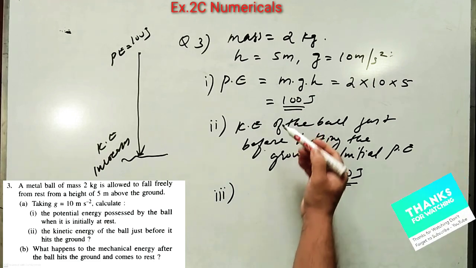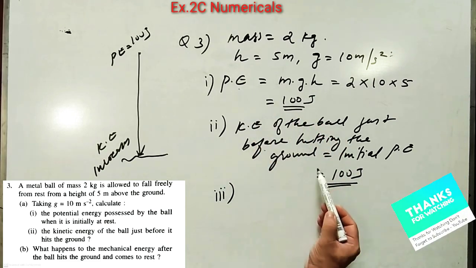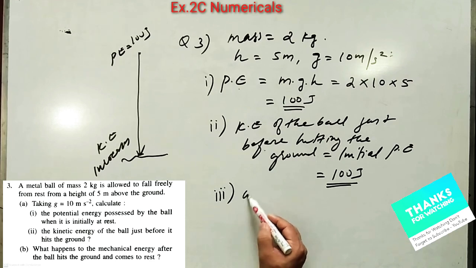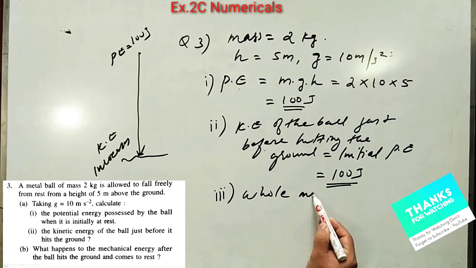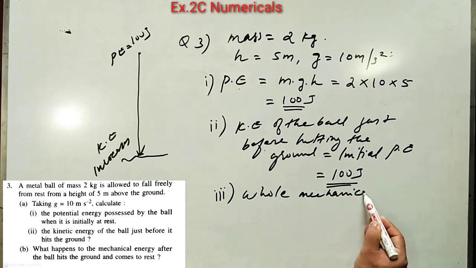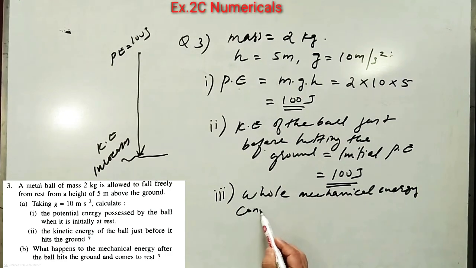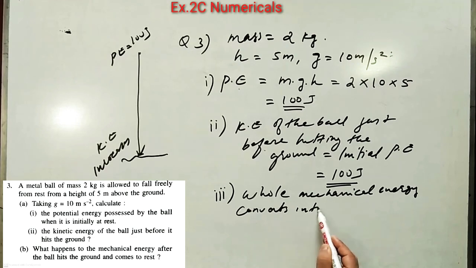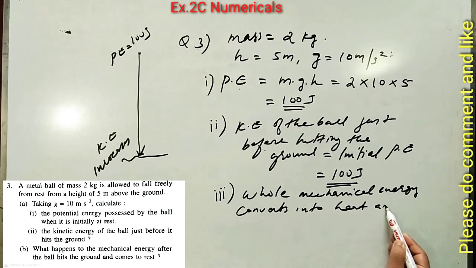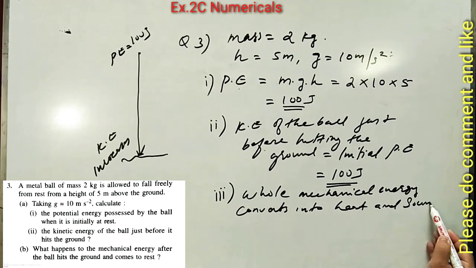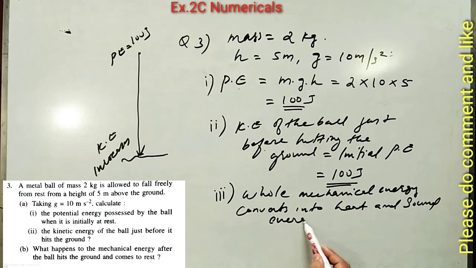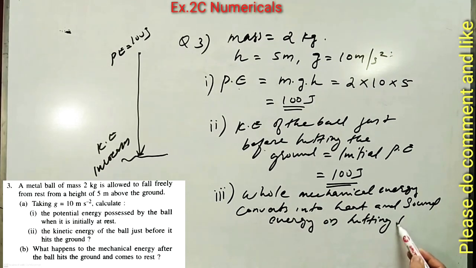So I can write the whole mechanical energy, sum of its potential energy and kinetic energy, converts into heat and sound energy on hitting the ground. This is what happens. Clear?